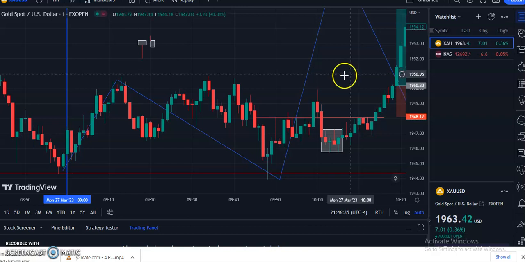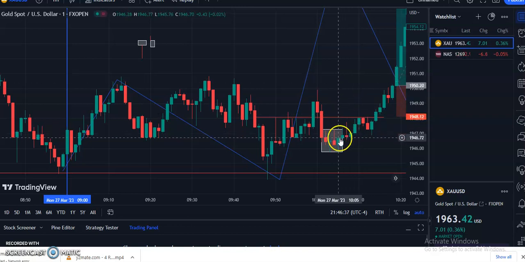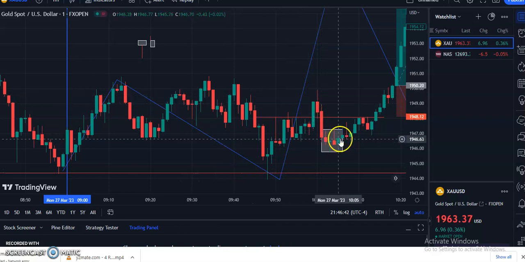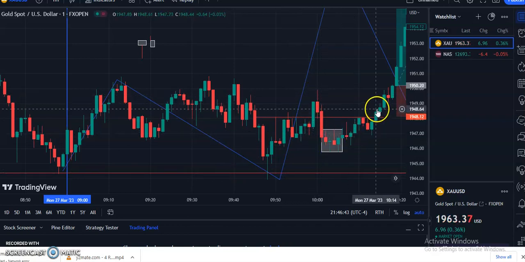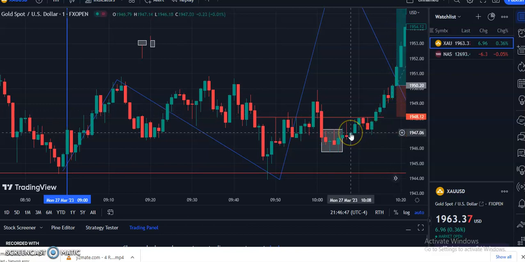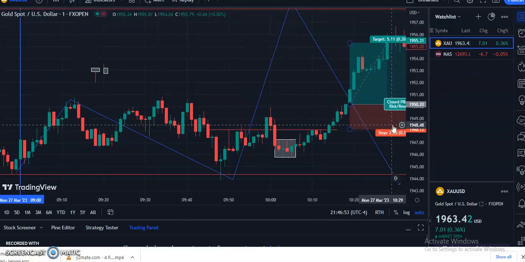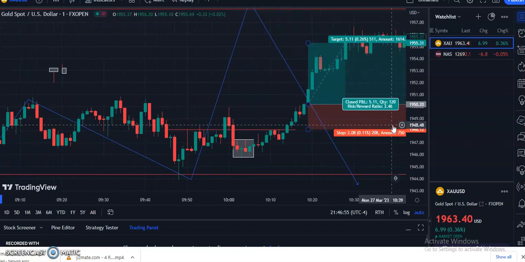But we are looking for an engulfment because the market broke structure, retested, so we want an engulfment. And this is where the engulfment at 10:18, this is when the engulfment formed, and that was the entry for our 50 pip move.